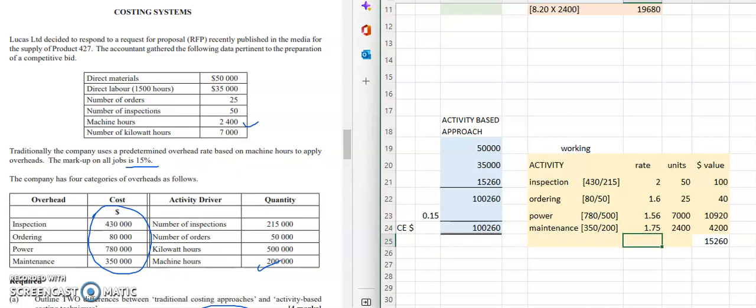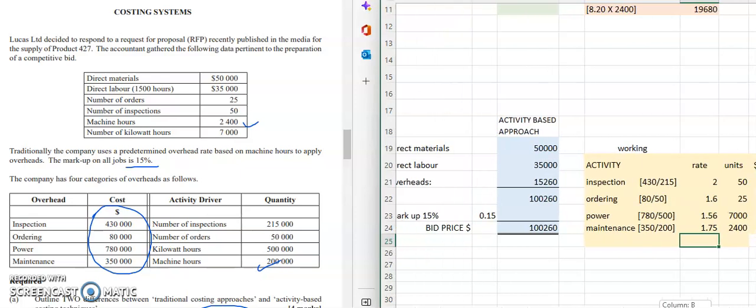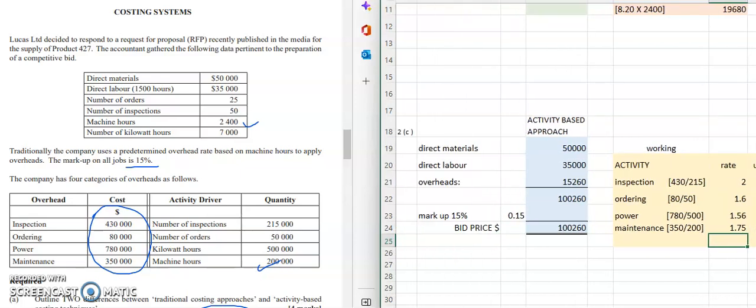Good, so I have all the rates, and I've multiplied out. So 2 times 50, 1.6 times 25, all the way down, and then we add up, and we will get the total overheads under the activity-based approach. So under this activity-based approach, the total overheads was 15,260, hence the cost of the job, and we're going to apply the 15% like we did just now.